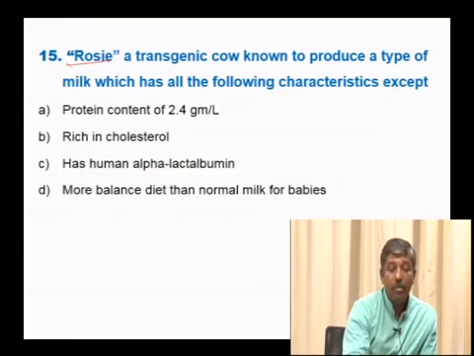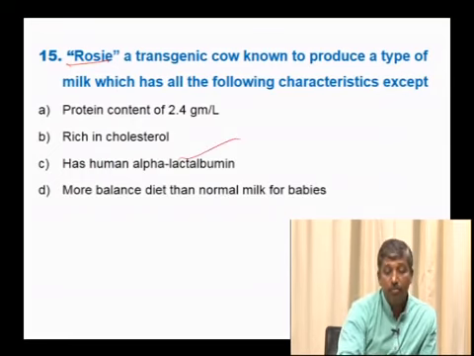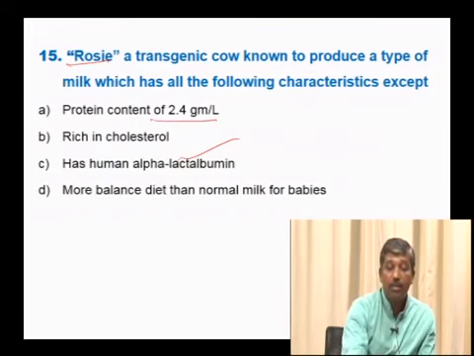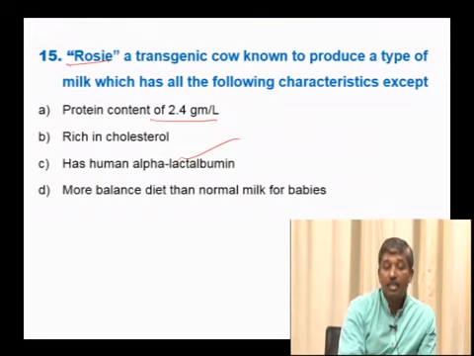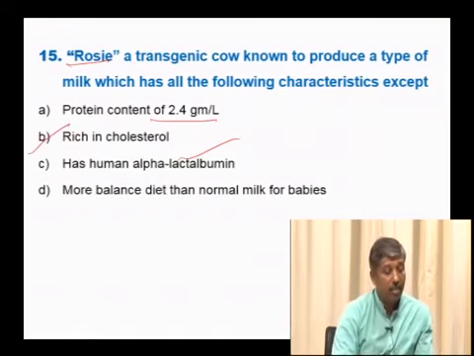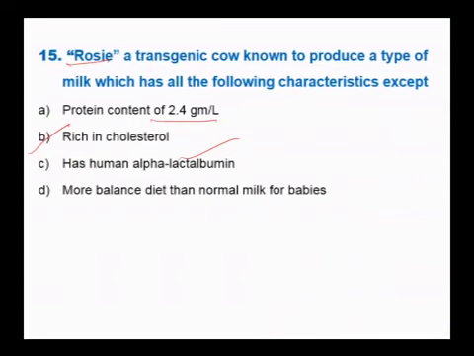It is developed by introducing the alpha lactalbumin gene that produces a specific lactalbumin protein, which is more balanced than the normal milk for babies. Lactalbumin is a protein, and the protein content is 2.4 grams per liter of the milk produced by the transgenic cow Rosie. Hence it is not rich in cholesterol, so the right option is that rich in cholesterol is not the characteristic.